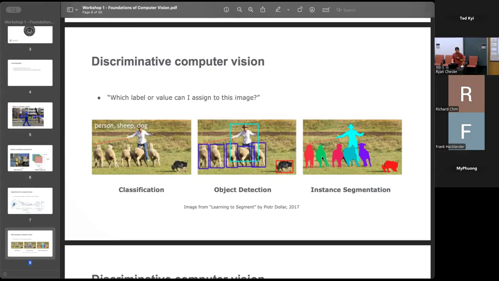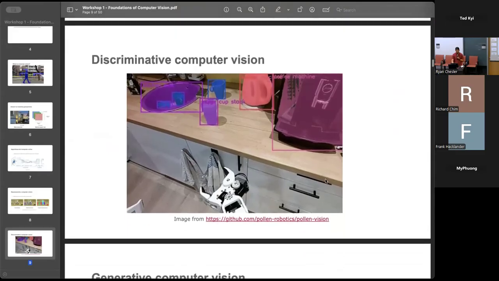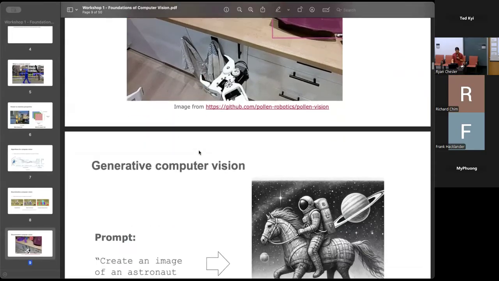Here's all of the pixels for the other sheep. Here's all of the pixels that we can see for the person. So you can see this is much more granular than object detection saying just here's a box, the thing is inside of there. So this is saying for the exact pixels, focus in on what the object actually takes up. You can do stuff like this where you're actually doing both. So you're saying, look within this box, and then more precisely and granularly say what all of the pixels are.